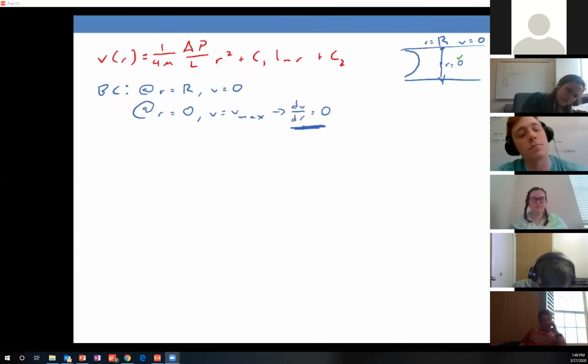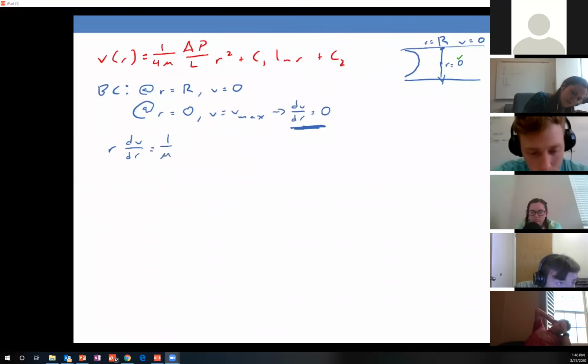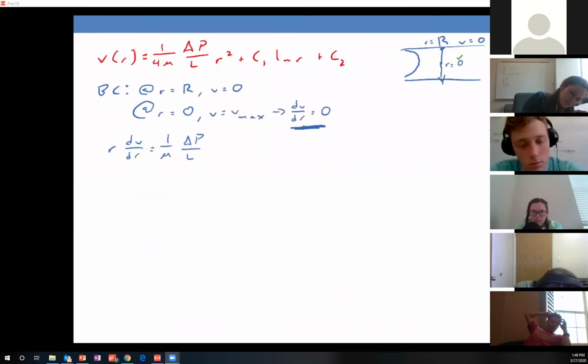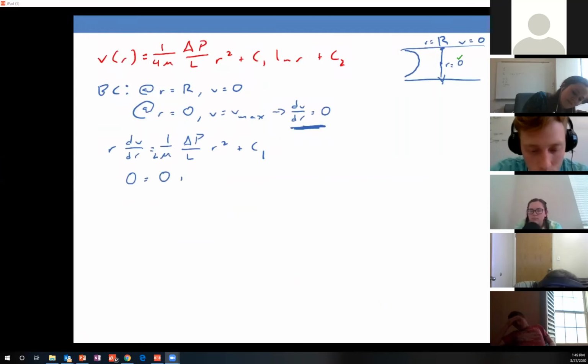We know that dV/dr is equal to 1 over 2 mu delta P over L times R, plus C1/R. We plug that in. At R equal to 0, dV/dr is equal to 0, so 0 is equal to 0 plus C1. C1 is equal to 0.